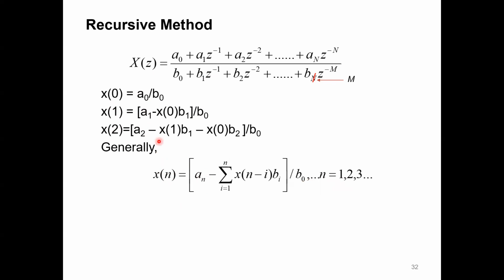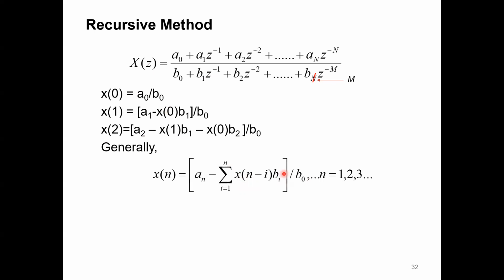This is a1, minus the summation i equals 1 to 1, which means just one term. With n equals 1, i equals 1 to 1 means x of 1 minus 1, which is 0, x0. That's how x0 comes into the equation. And b1, only one term. So this is true for any n.